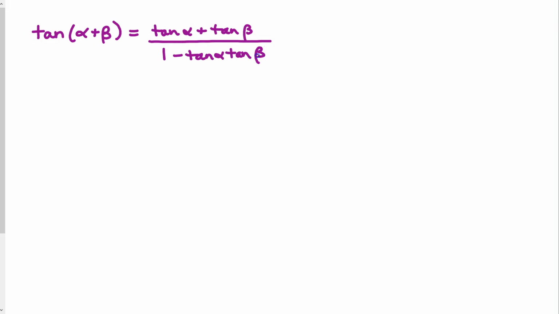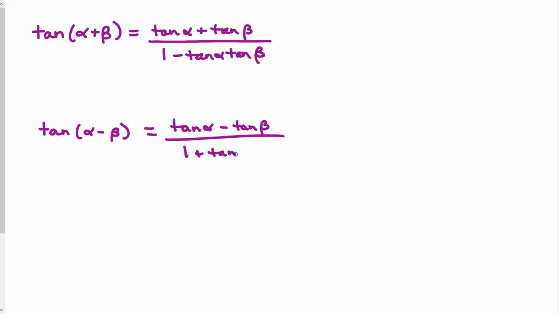Because this one is a quotient, the simplifying can get rather tricky. Gives you a chance to practice lots of different algebraic skills. Tangent alpha minus beta is very similar. Tangent alpha minus tangent beta over 1 plus tangent alpha tangent beta. So the signs are different. Other than that, these two look alike.